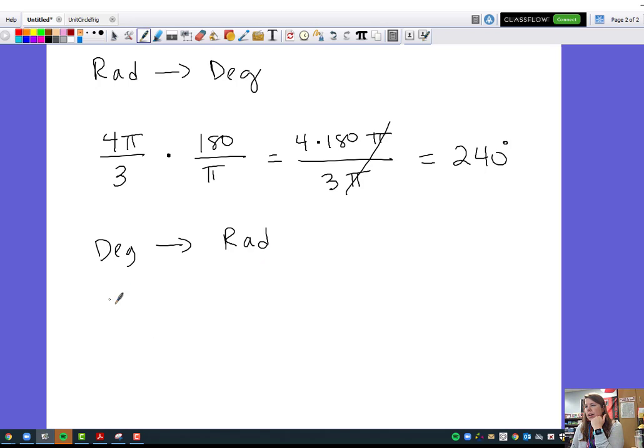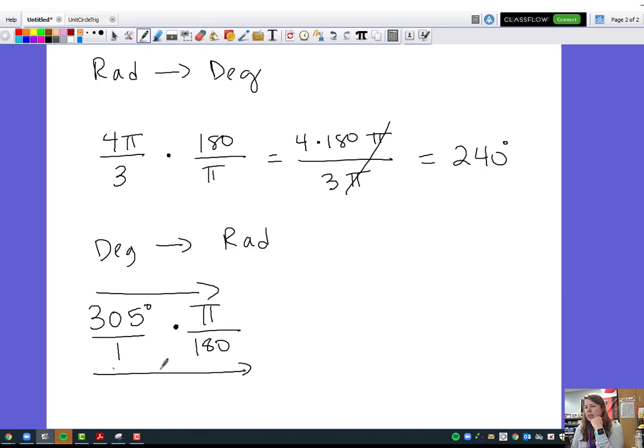Let's say we have 305 degrees. I'm going to multiply by the reciprocal, so pi is in the numerator, 180 is in the denominator, and I multiply straight across. There is a 1 in the denominator here, so this will be 305 pi over 180. Both of these numbers are divisible by 5, and I know that because of the 5 and the 0.